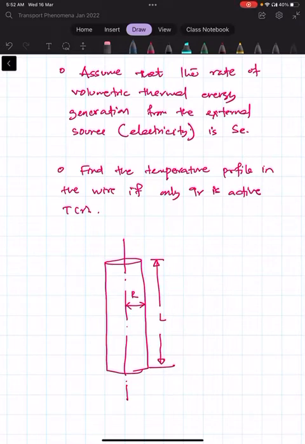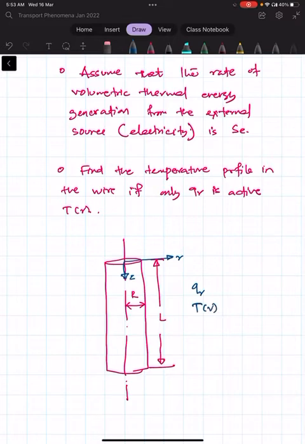So first of all, let us assume that this is direction R and this is Z, and there is QR. Heat transfer is happening in the R direction, and the generation is happening at the middle.